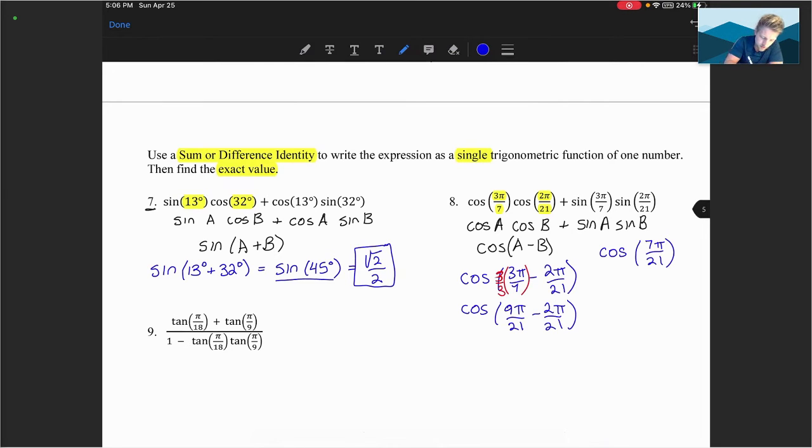Or we could just express that as cosine of pi over 3. And that final result, cosine of pi over 3, that's the same as the angle of 60 degrees. So that cosine is just going to give us 1 over 2. So there's our single function, and there is our final exact result, 1 over 2.